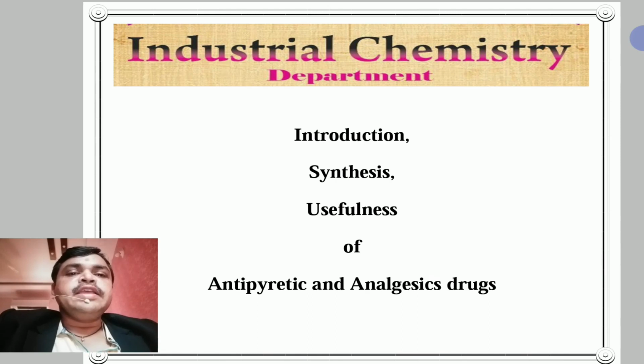So, in this class, we have 7 drugs: antipyrine, aminopyrine, phenacetin, paracetamol, aspirin, Salol, and heptazone.